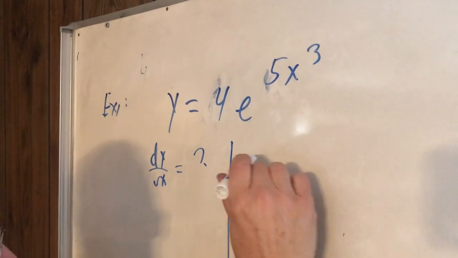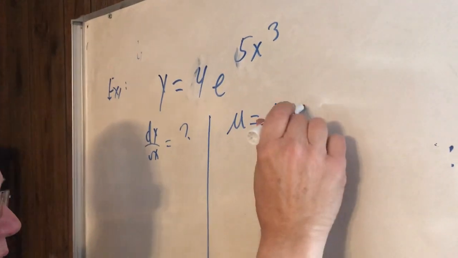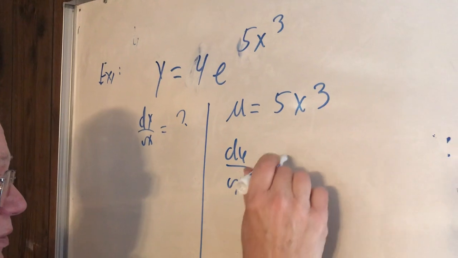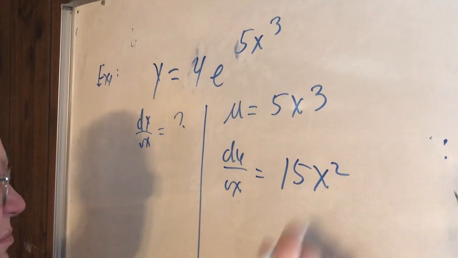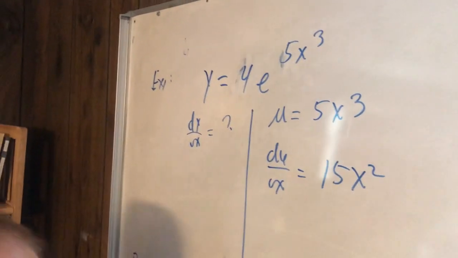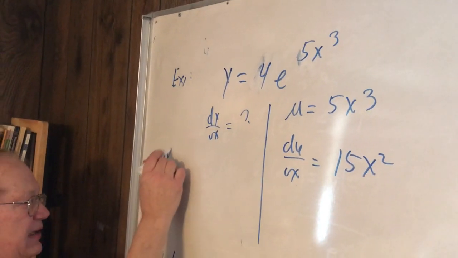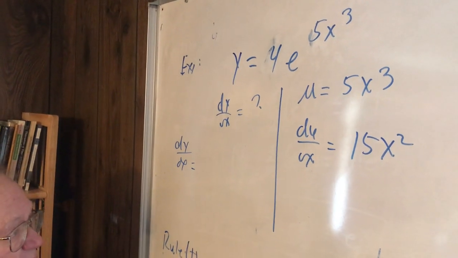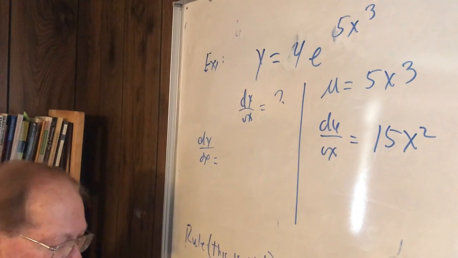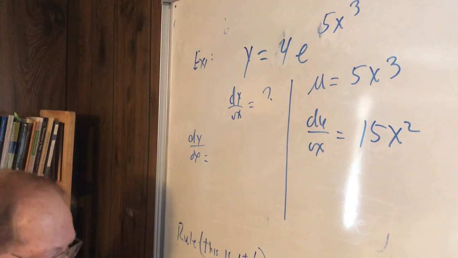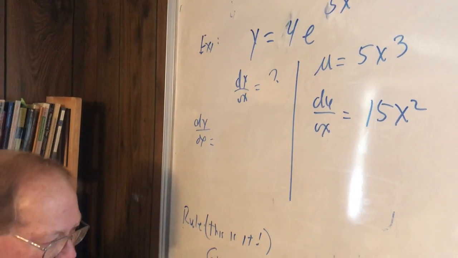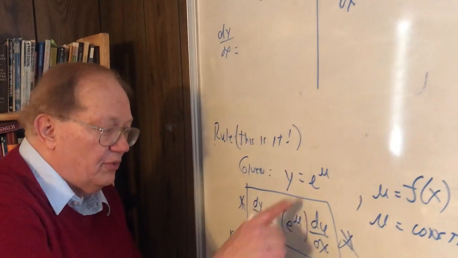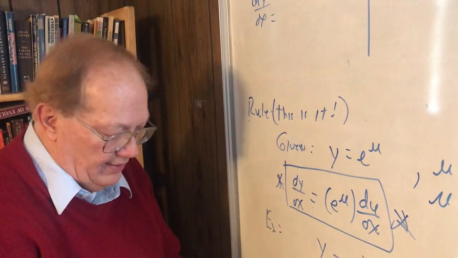Well, we're going to let u equal the exponent. We're going to let du dx equal 15x squared. Okay, now dy dx is going to be what? Well, guess what's missing from this definition that's in the book? They don't have, this assumes a coefficient of 1.